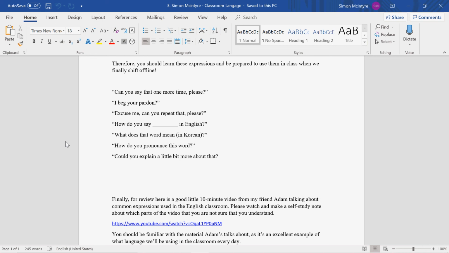So you may not know how to say them even if you can read the word or you can understand the meaning. So the last questions come to ask about vocabulary checking questions. How do you pronounce this word? Could you explain a little bit more about that?